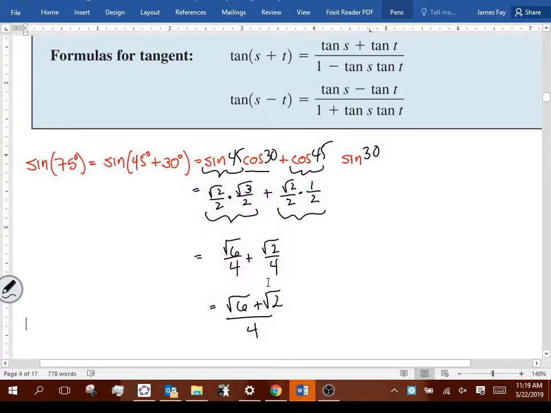Now, grab your calculator or whatever you use, GeoGebra, Desmos, and put it into degree mode, and type in sine of 75.